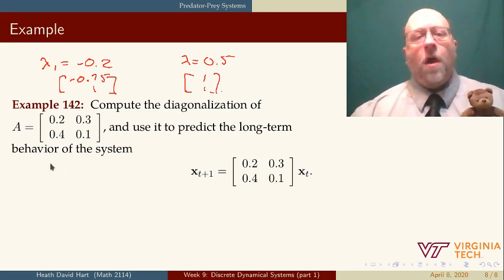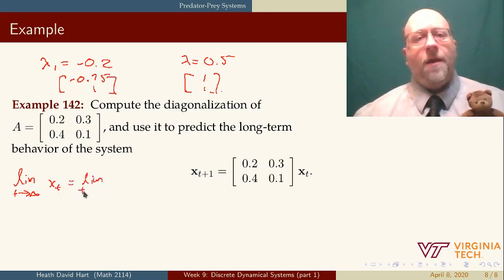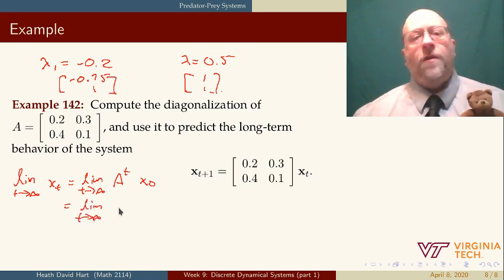And so I don't know what x naught is. They didn't tell me what x naught was. They just told me what A was. But the long-term behavior, as time approaches infinity, of x_t is the limit as t approaches infinity of A^t times your initial condition, which is A^t times some linear combination of these two eigenvectors.